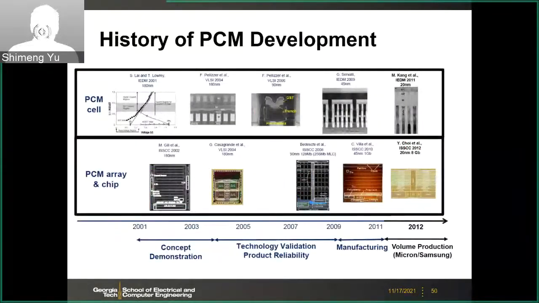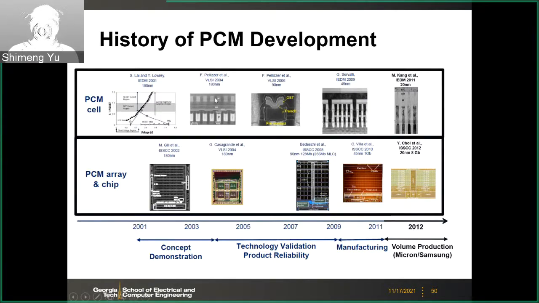So here is a history of phase change memory development. Actually, phase change memory was one of the earliest emerging non-volatile memories to be invested in by the industry. It's earlier than STT-MRAM, earlier than RRAM, and earlier than FeRAM.